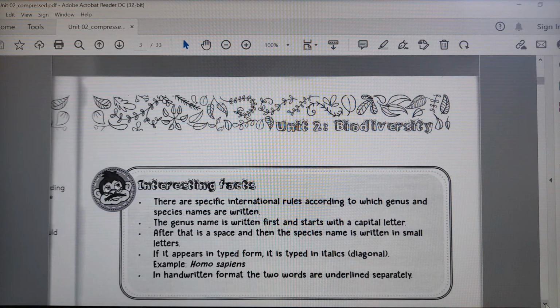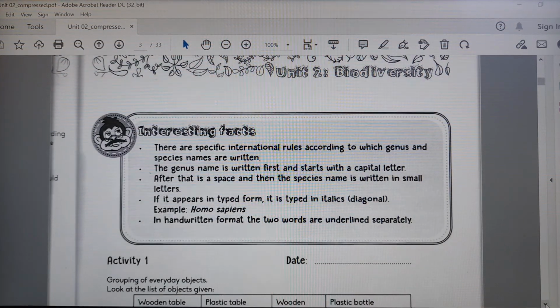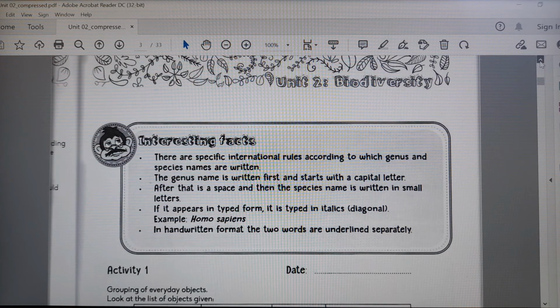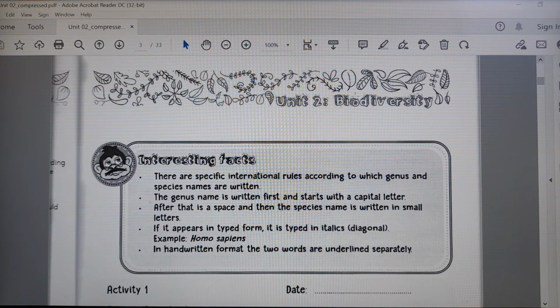Okay, so we've got an interesting fact today. Let's look at that interesting fact. They say there are specific international rules according to which genus and species names are written. The genus name is written first and starts with a capital letter. After that is a space, and then the species name is written in small letters.